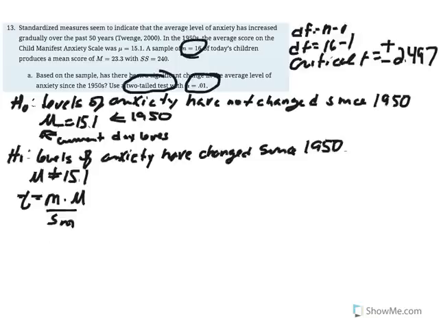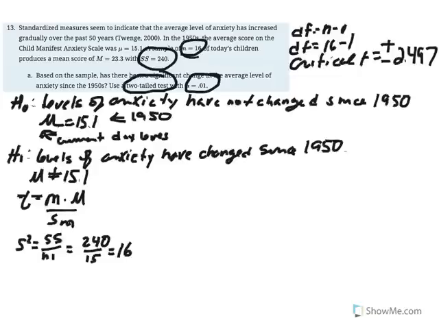So we have our SS, sum of squared deviations. So variance would equal SS over n minus 1. Variance would equal 240 over n minus 1, which in this case would equal 15. So in our calculators, 240 divided by 15 gives us 16.